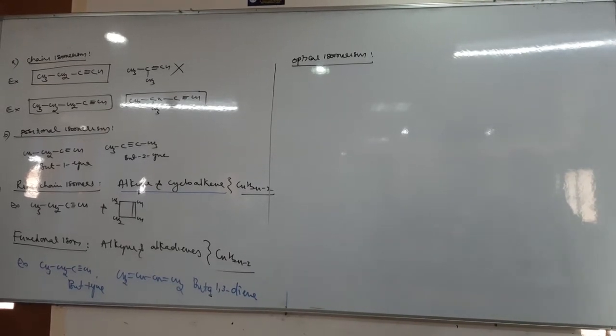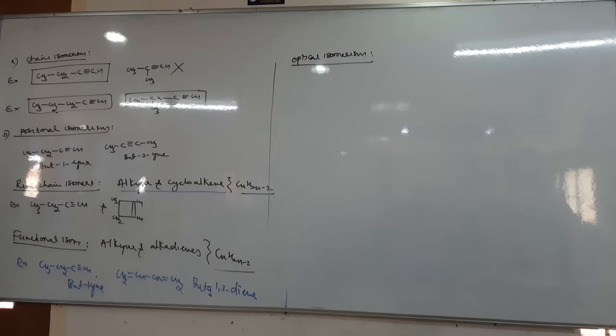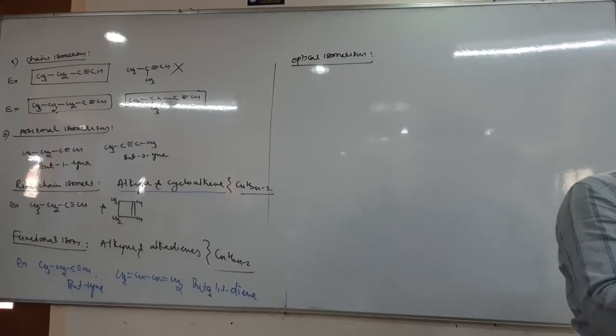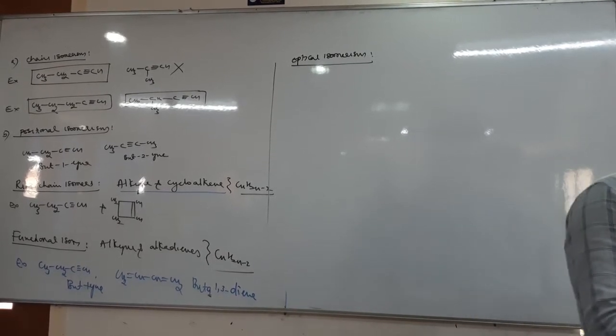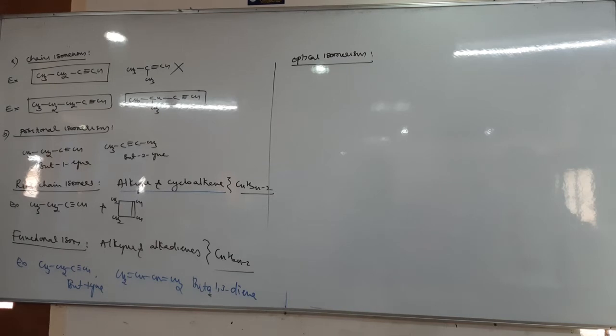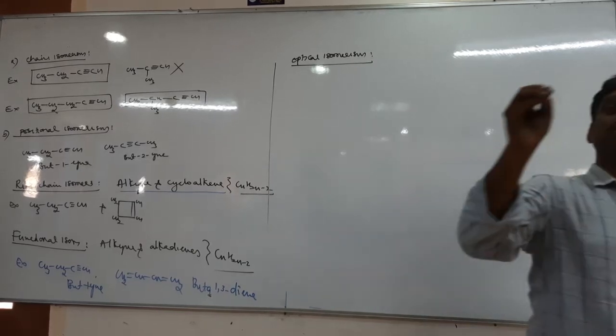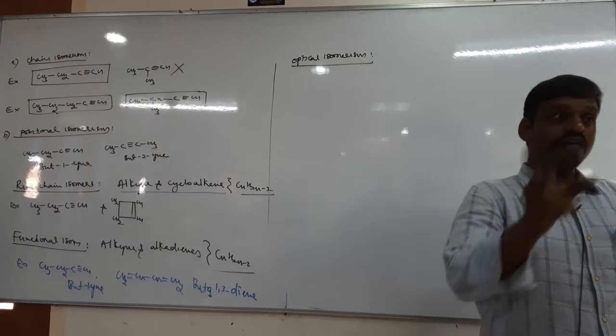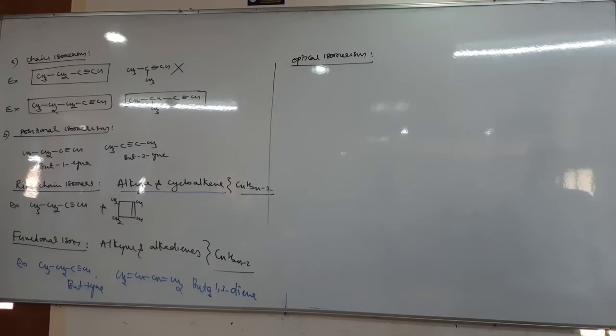It is optically active. But in our syllabus, the majority of questions come on chiral carbon. How to identify whether a molecule is optically active or inactive? If a molecule has only one chiral carbon, it is 100% optically active. If a molecule has two or more chiral carbons, then we need to check for a plane of symmetry.